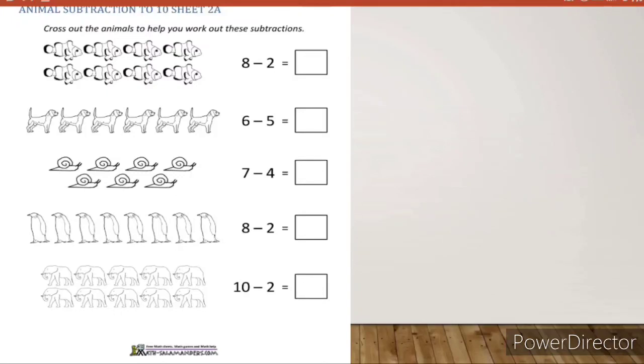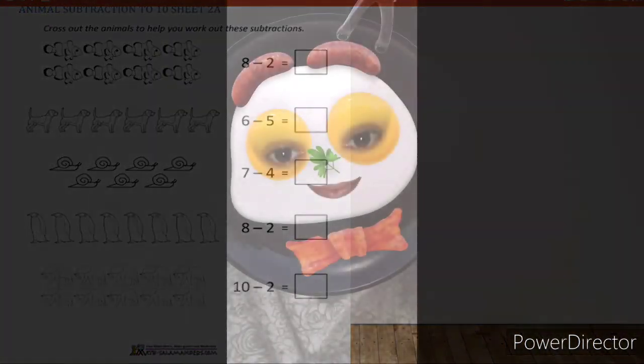Now here at the bottom we have 1, 2, 3, 4, 5, 6, 7, 8, 9, 10 elephants. 10 elephants. The math sentence says 10 minus 2 equals. So we're going to take away 2 elephants from the 10. Circle 2 elephants. How many do we have left? Awesome. Write that number in the square.